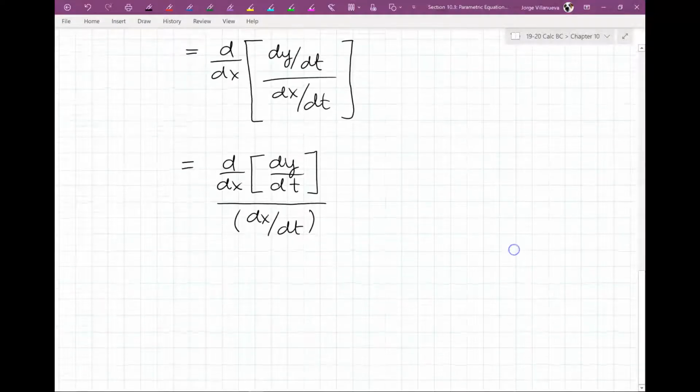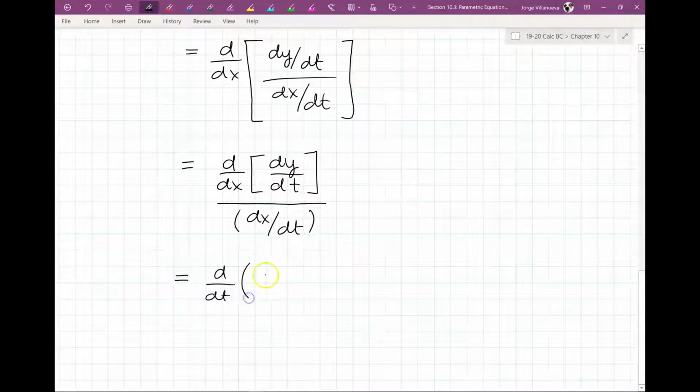I'm just going to move them, because this is multiplication, right? So I can kind of move them around however I want. So this comes out to d/dt of dy/dx over dx/dt. That is your definition for the second derivative.